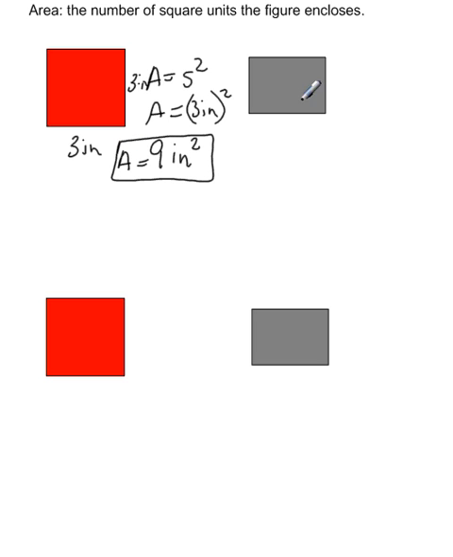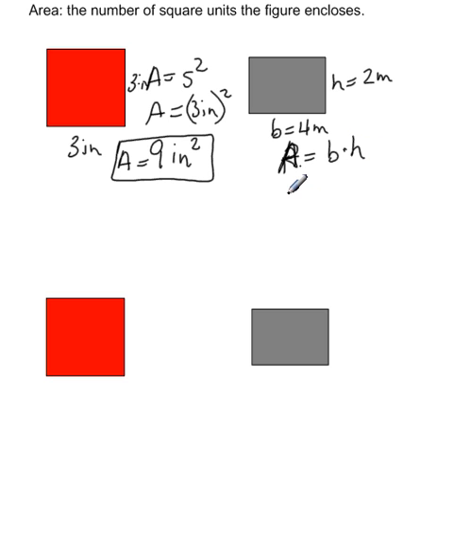Okay, so let's talk about a rectangle. If our base is 4 meters and our height is 2 meters, then the area formula is going to be base times height.